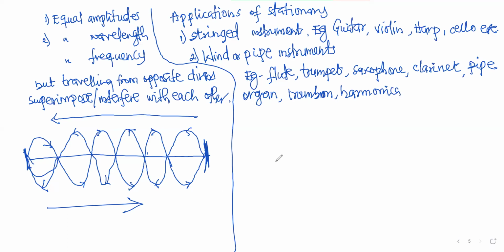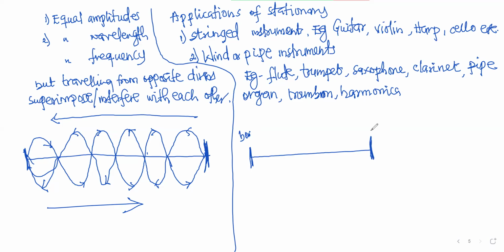Okay, so all these are instruments that work on the principle of stationary waves. If you look at the string instrument, the guitar, you realize that the 5-6 strings are tied to 2 boundaries.